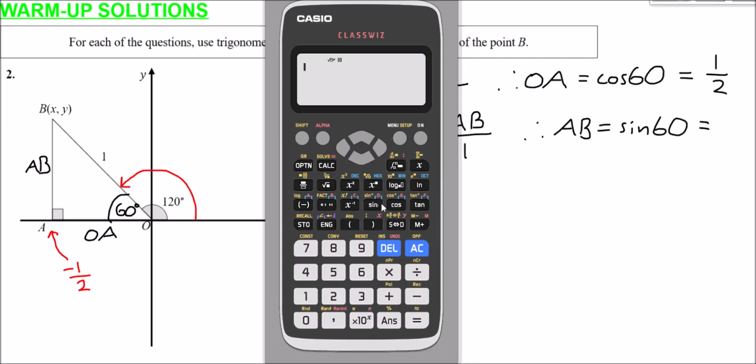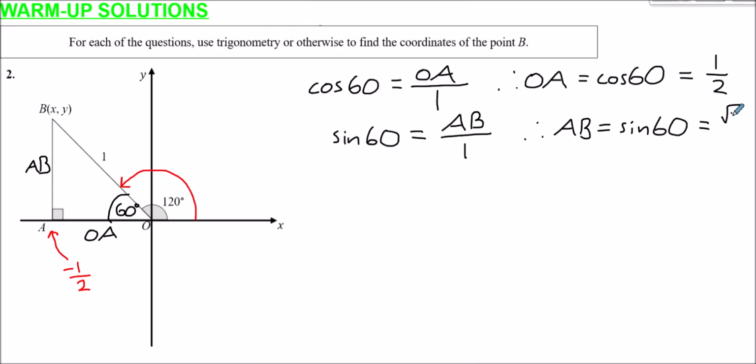So sine 60 gives us √3/2. And we can see here that's going to be positive √3/2 because this is where y is positive. So in this case, we can say that the point B is -1/2 and √3/2.